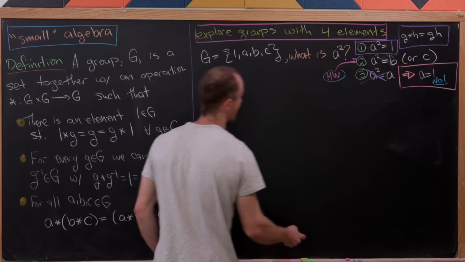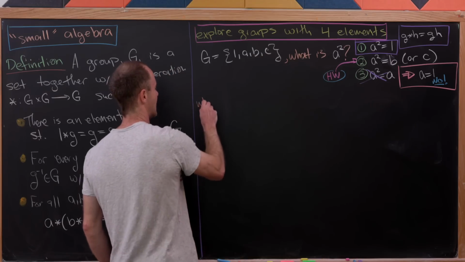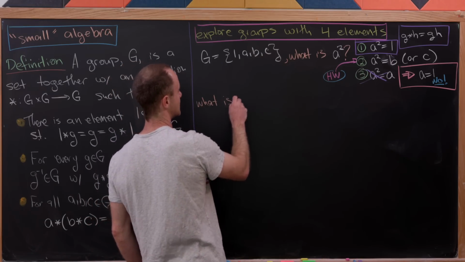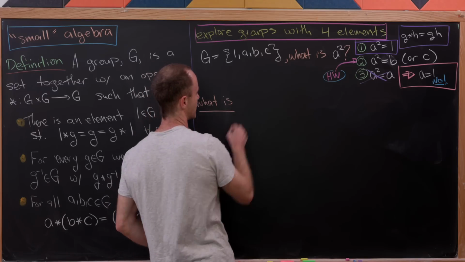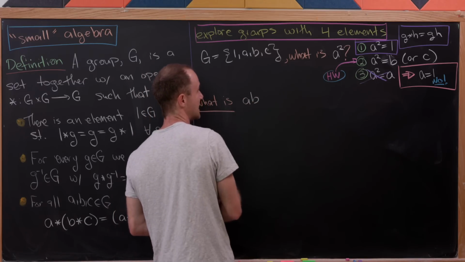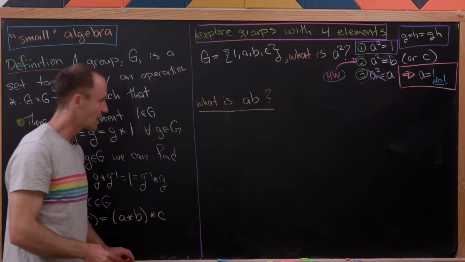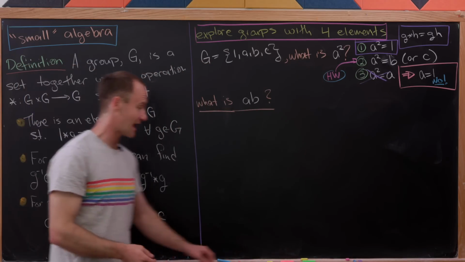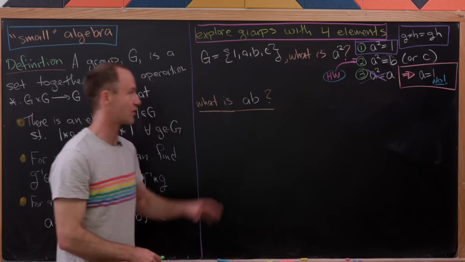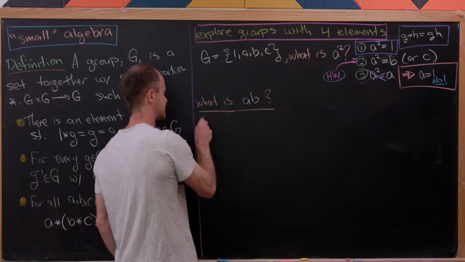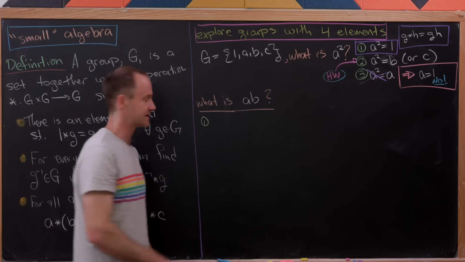And that brings about the next question, and that would be, what is A times B? So let's write that out. Okay, good. And now let's spread that out into cases just like we spread into cases what is A squared. Okay, so let's look at this first case.